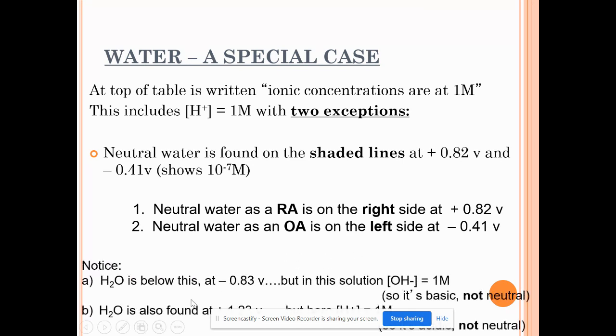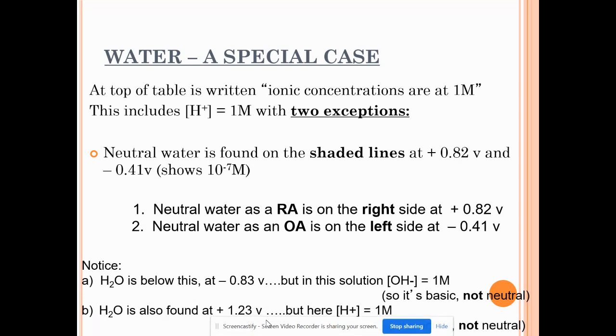So if you can see below at negative 0.83 in solution. So look at your table, negative 0.83. So it doesn't have 10 to the minus 7. So this is a 1 molar concentration of your OH minus, right? So be prepared for that.